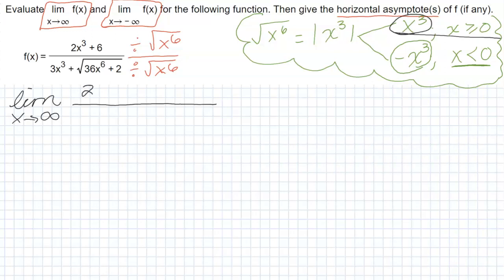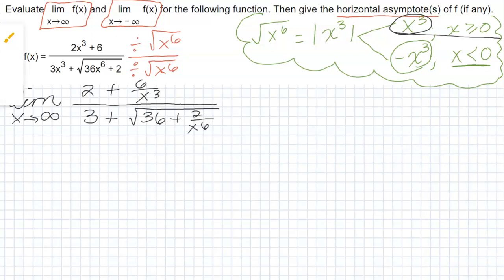So then you'll have 2 plus 6 divided by x to the third, and then here you'll have 3 plus square root of 36 plus 2 divided by x to the 6. Nothing funny going on here.